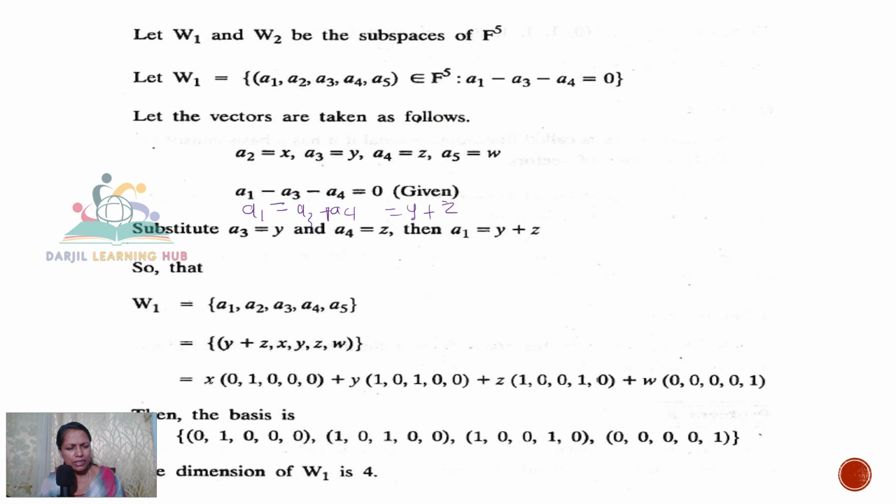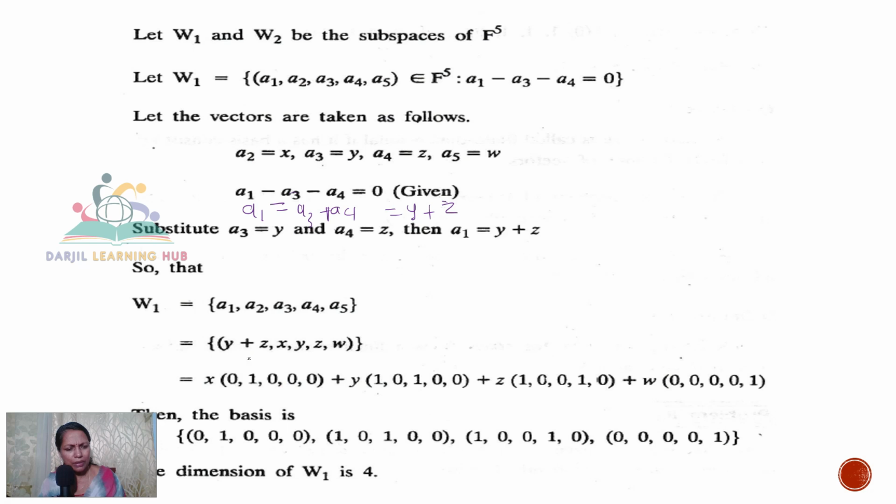This can be written as x times (0, 1, 0, 0, 0) plus y times (1, 0, 1, 0, 0), plus z times (1, 0, 0, 1, 0), plus w times (0, 0, 0, 0, 1). Only the last entry is w.